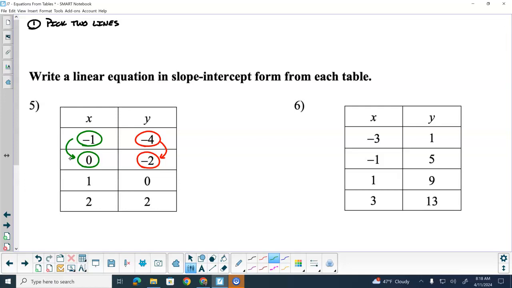It is rate. I like the second one. In this case, it's rate of change. It's not rise over run because we're not on the graph. Okay, but it's rate of change. So we picked the 2 lines, then we found the rate of change.